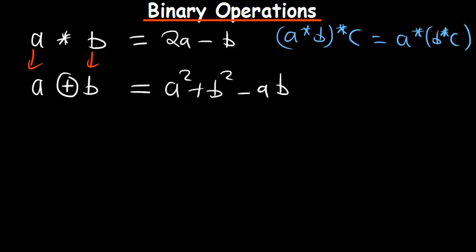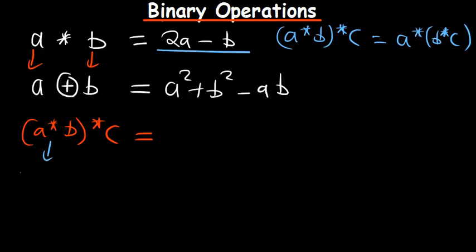So we already have A star B, it's equal to that. So let's try to find A star B star C. So A star B, don't forget it's equal to that.